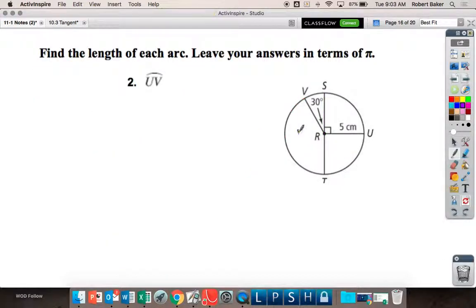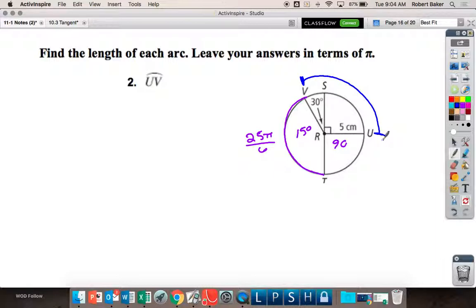I already figured out this is 150, this is 90, and I know that this piece is 25 pi over 6. So this question is asking me to solve for UV, which is from here to here. Do I know how long that arc is?